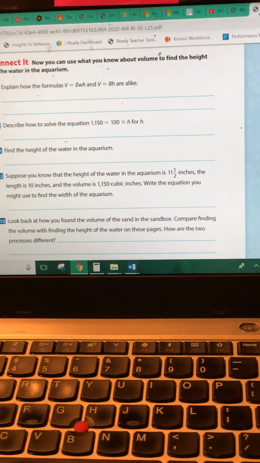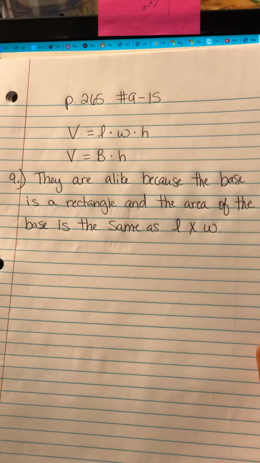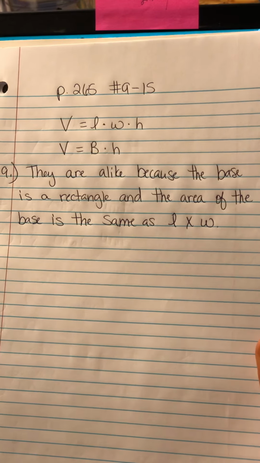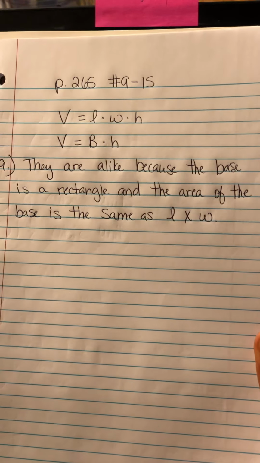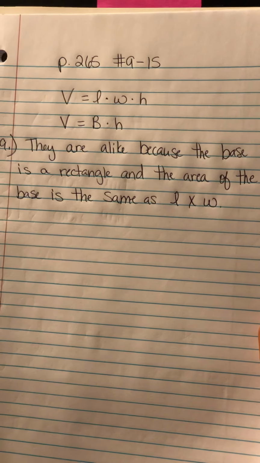Okay, so I'm going to show you guys what I wrote down for number 9. Okay, they are alike because the base is a rectangle and the area of the base is the same as length times width.